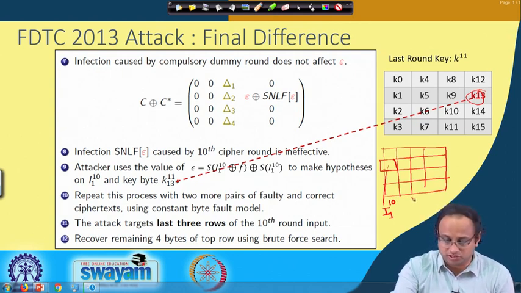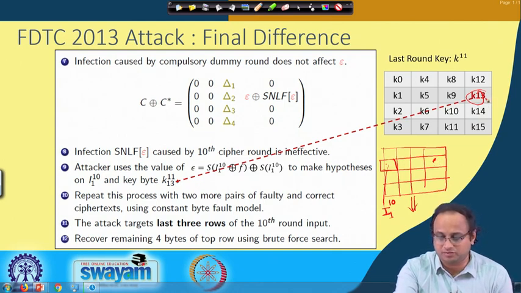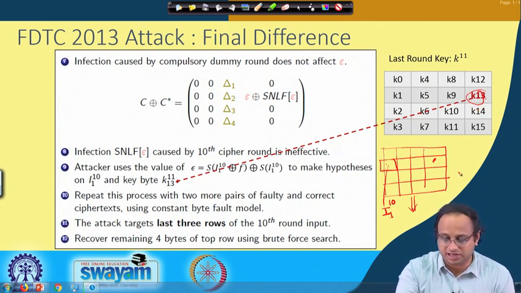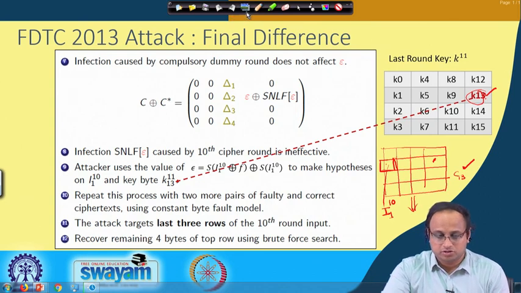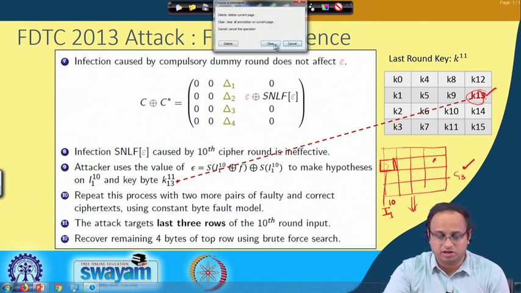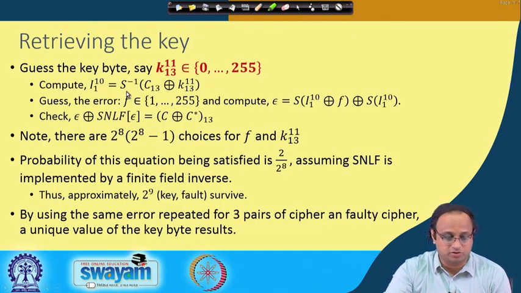If you consider the shift rows subsequent to this, and of course there is an S box also, then this particular byte will get shifted, and therefore come to this location, and will get combined with this K13 and result in your ciphertext C13. So if you would like to work backward, that means if I combine C13 with K13 and compute the S inverse, I get this particular byte which stands for I110. So with this perspective, one can easily understand that I110 is equal to S inverse of C13 XORed with K13.